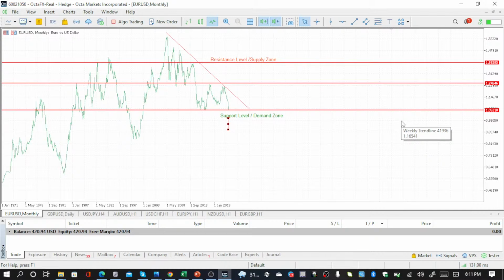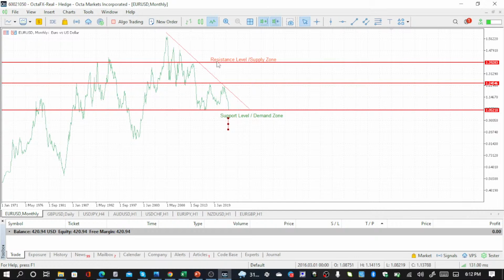Ooh, interesting. We are now at the monthly time frame. You can see it still has that resistance and support zone as replicated and as shown on the weekly time frame.